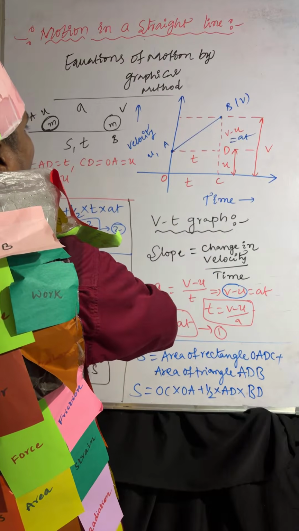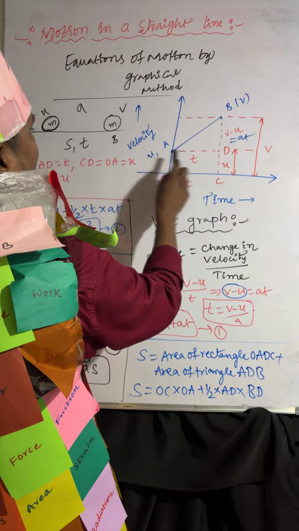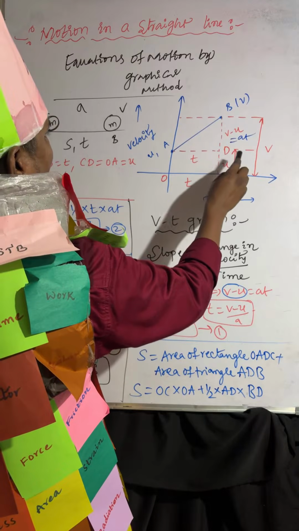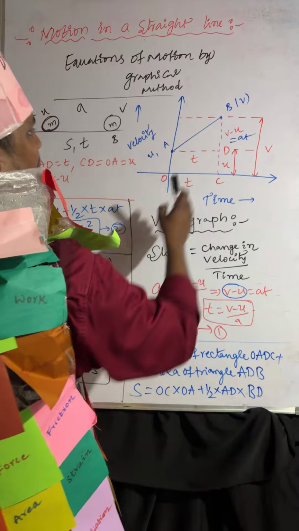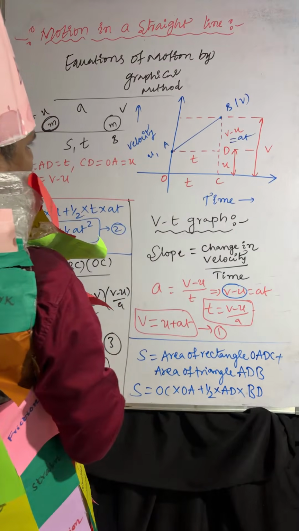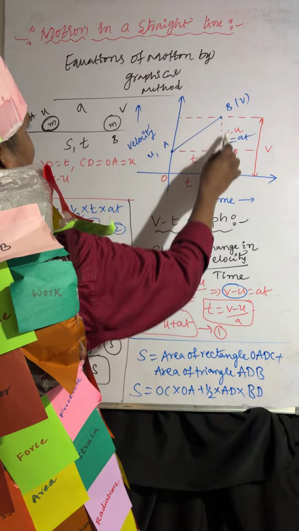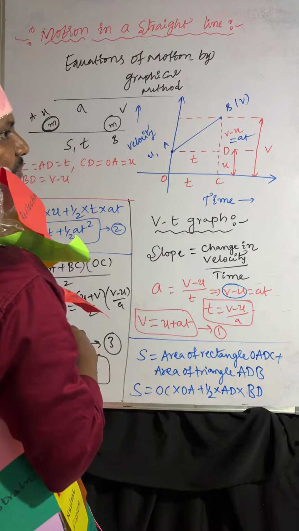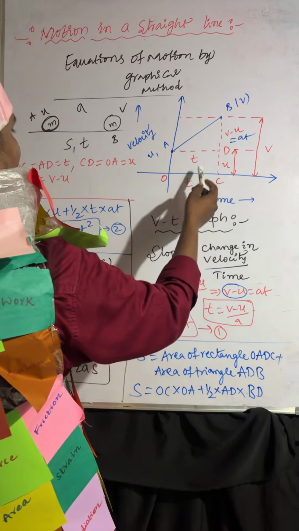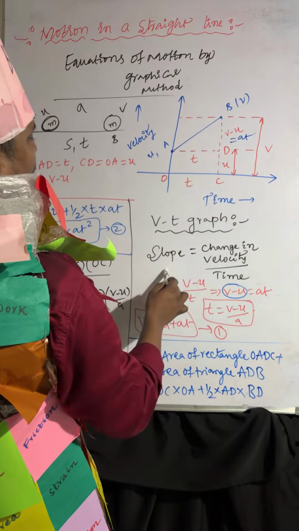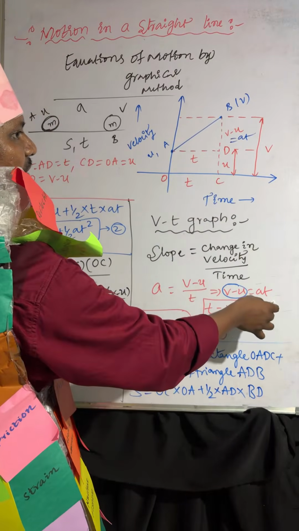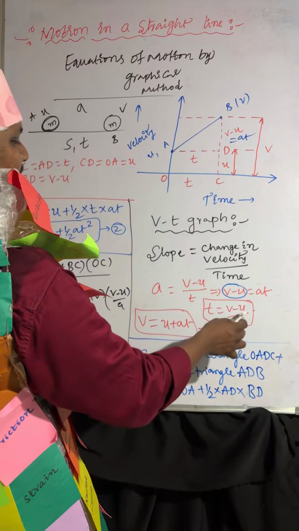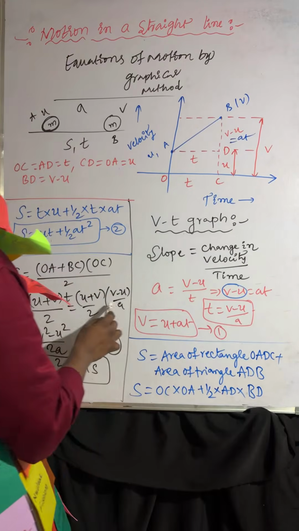Then OA is the initial velocity and CD is also the initial velocity. BC equal to final velocity, so the difference is the change in velocity. BD is the change in velocity, V minus U. From that v-t graph, slope equal to change in velocity by time, A equal to V minus U by T, V minus U equal to A into T, T equal to V minus U by A. We substitute this value here.